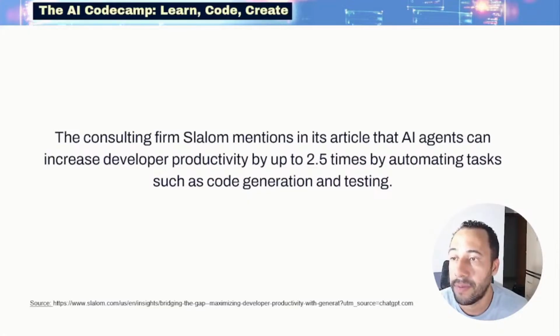The consulting firm Slalom mentioned in its article that AI agents can increase developer productivity by up to 2.5 times by automating tasks such as code generation and testing.